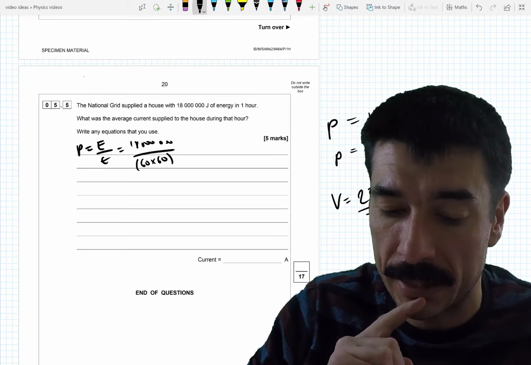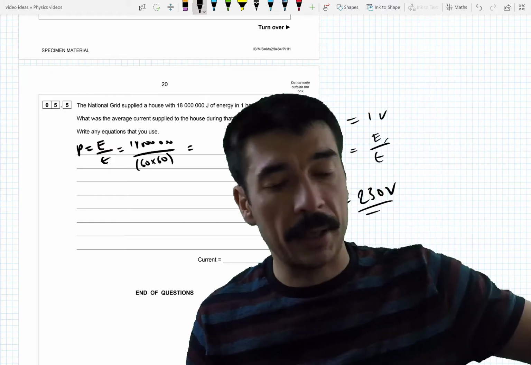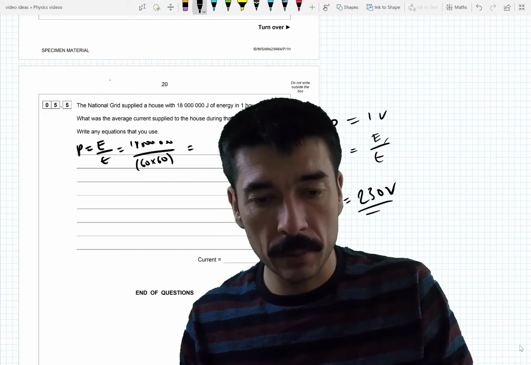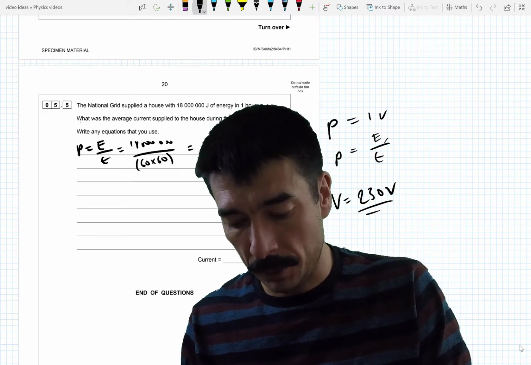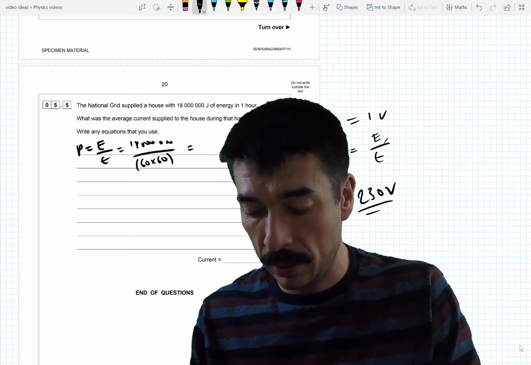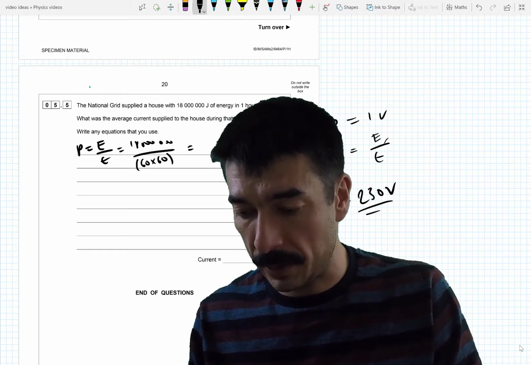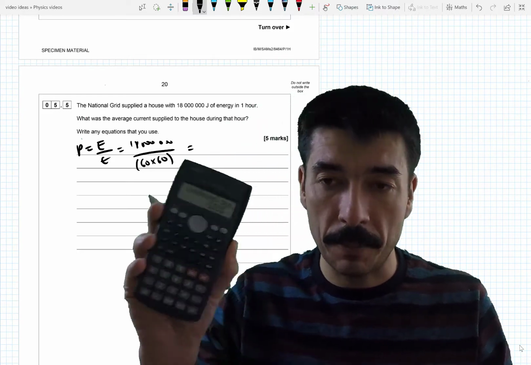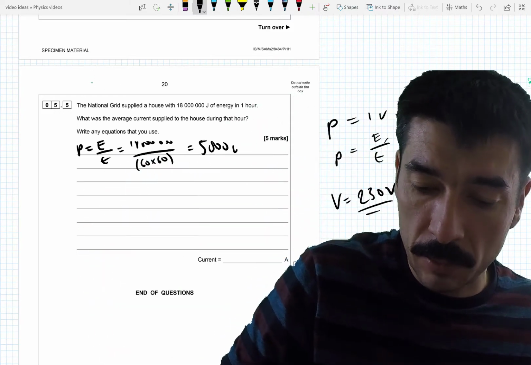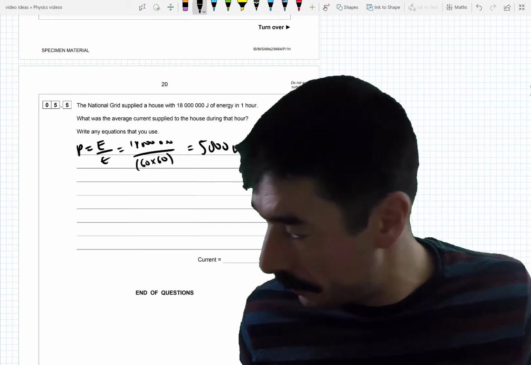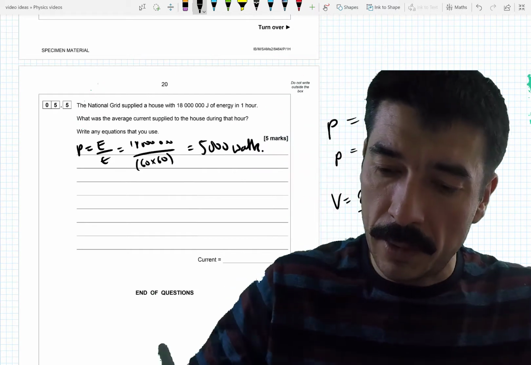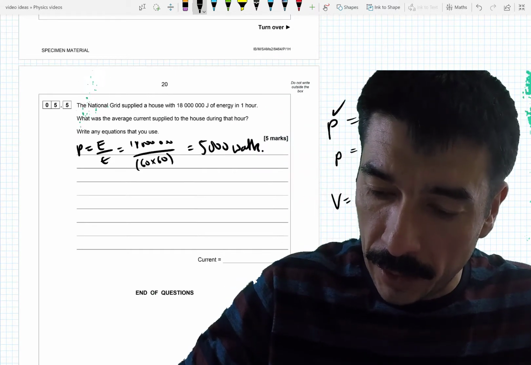Each minute has 60 seconds in it, and this will give me a value for the power. So 18 million is the energy. The time, 3600 seconds. So the power is 5,000 watts. 5,000 watts. So now I have this value, and I need that value.